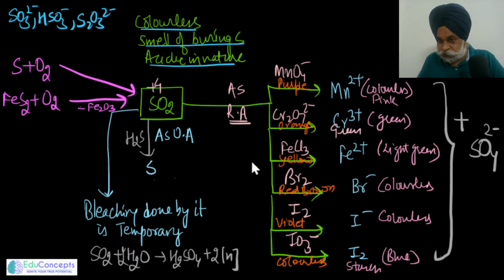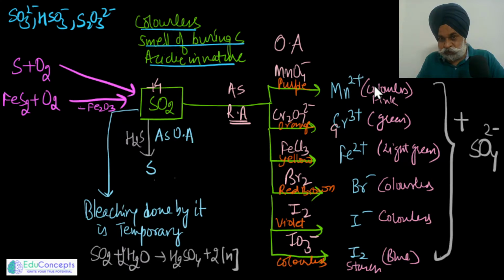And similarly, ferrous sulfate, any ferric salt like ferric chloride, because all of these act as oxidizing agents. So here you only remember it, because this is the best way to address it: anywhere during qualitative analysis, if SO2 gas is being produced, it can be confirmed with any of these oxidizing agents.